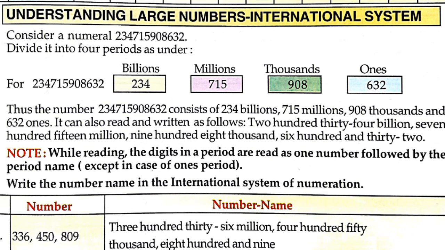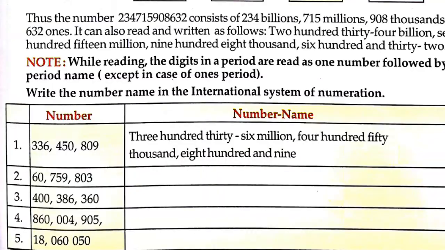So the number name is 336,450,809. Likewise, you have to write the other number names. You can do this, no?